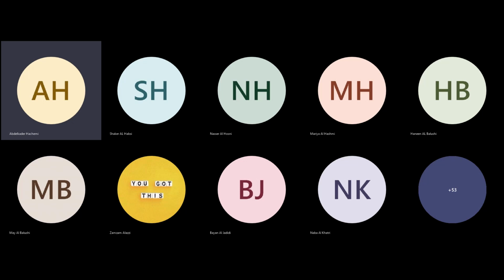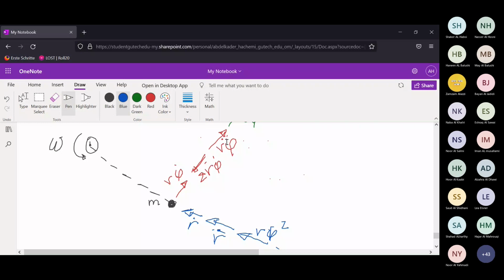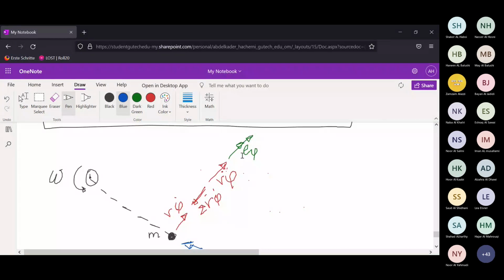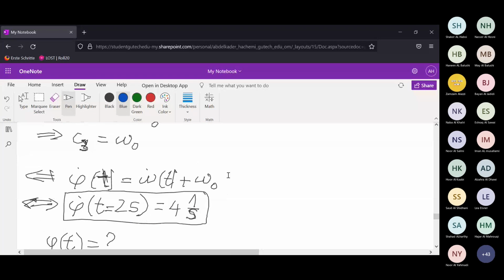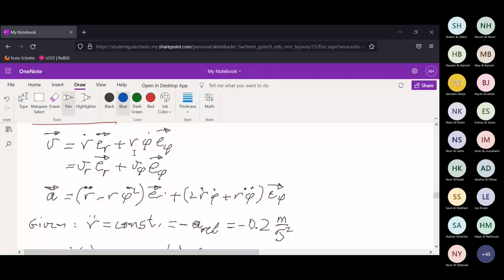Okay, I repeat that we have here R phi dot. This is the component in the circumferential direction of the velocity, and the two components of the acceleration in circumferential direction are 2 times R dot phi dot plus R phi dot dot.